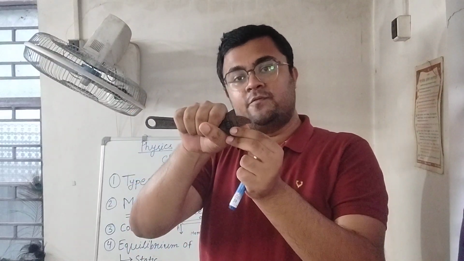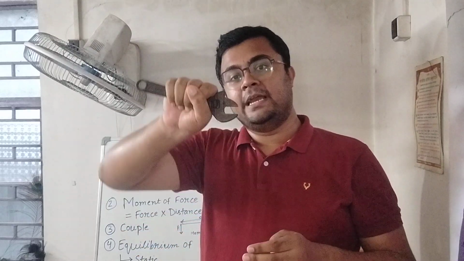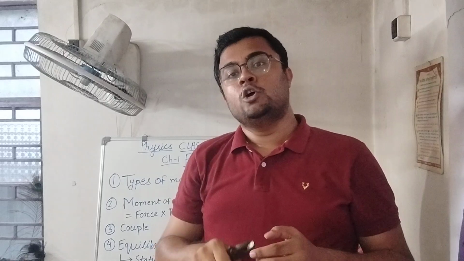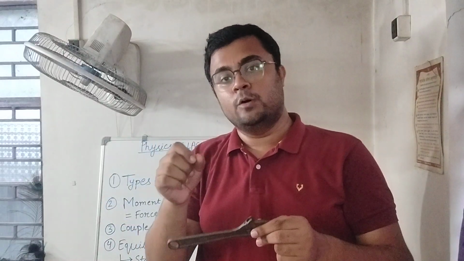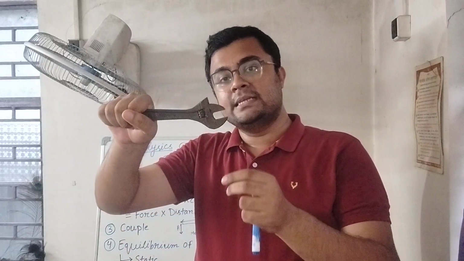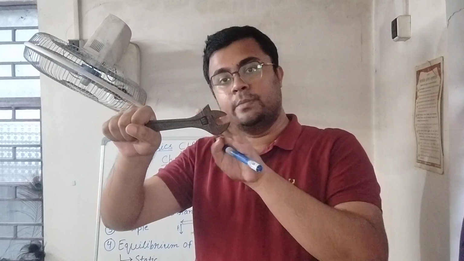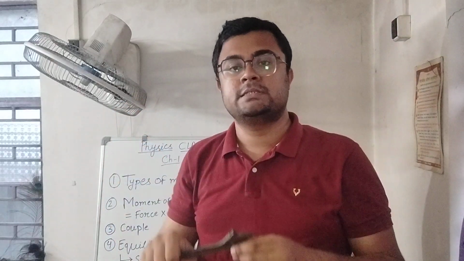But if we apply the force at a closer distance, at this point of the handle, then we need to apply a large amount of force to produce a large amount of moment, right? So the greater the distance, the greater will be the moment. From this example, we can see this.